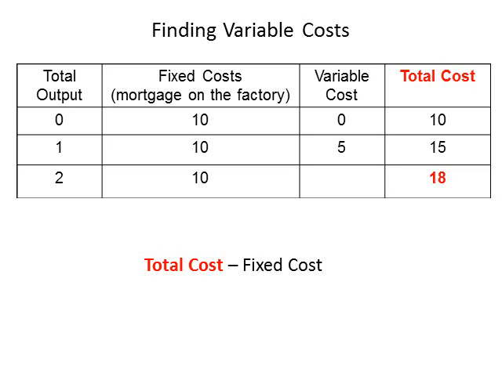Locate the total cost column in the table and the total cost in the formula. Notice that 18 is the total cost when the firm uses 2 units of inputs or employs 2 workers.